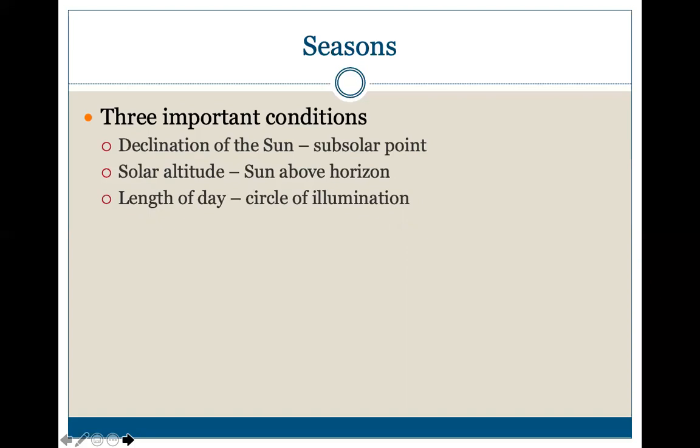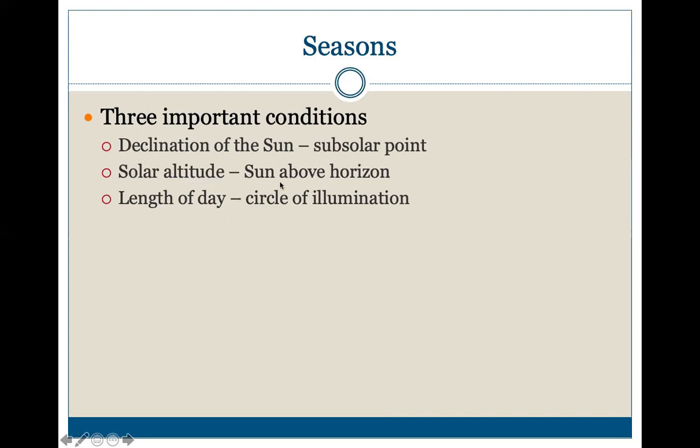And therefore, as we go through that revolution around the sun, the latitude that the sun is shining directly over moves. Well, that doesn't move, but the sun's rays move on the earth. So the subsolar point is where the sun is shining directly overhead.